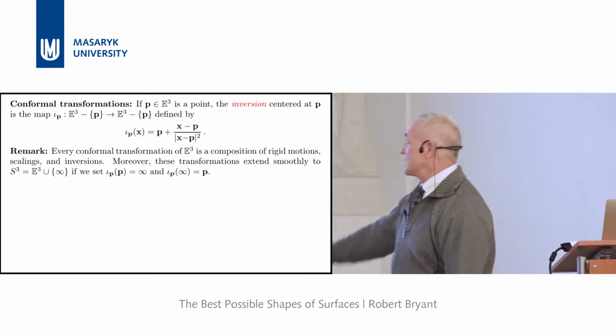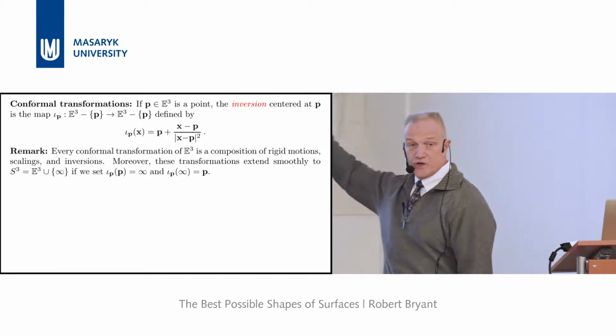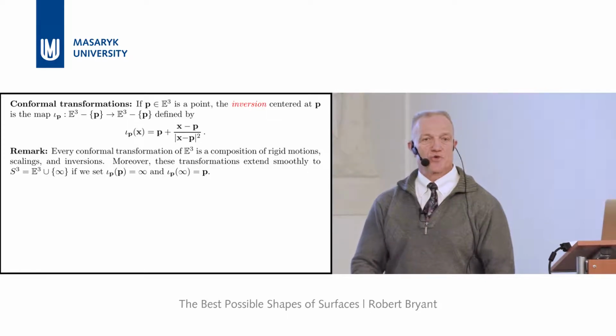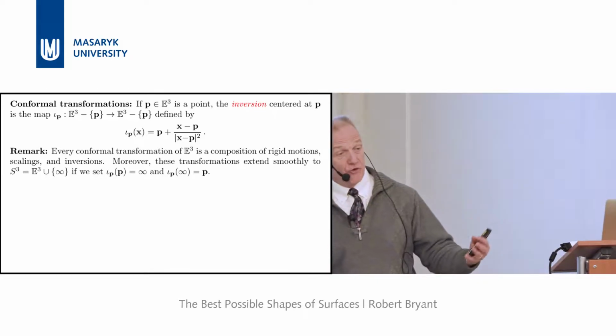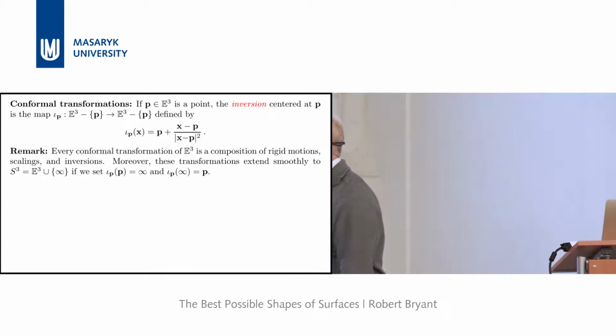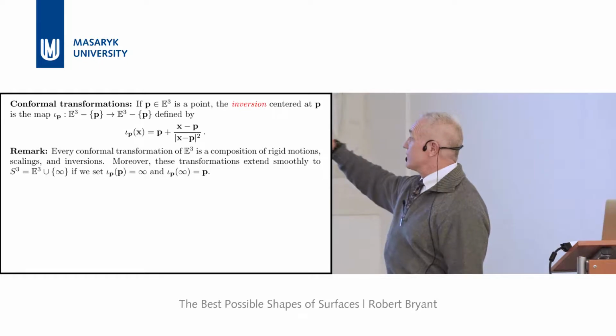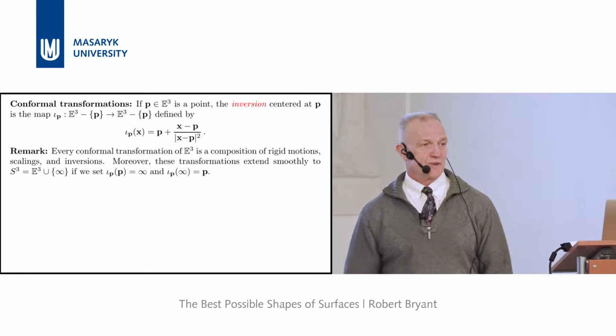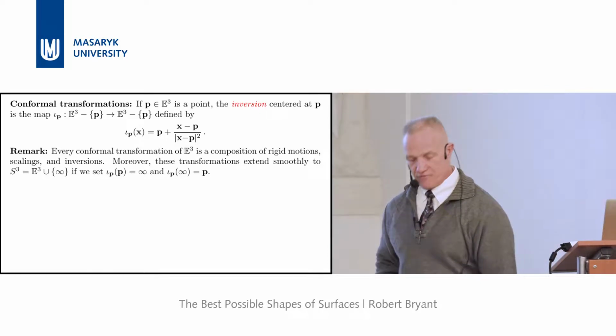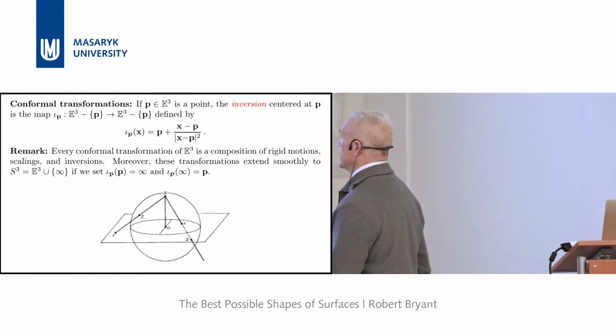So this collection of transformations, sort of the three-dimensional analog of linear fractional transformations, is called the conformal group, and it turns out that there's a 10-parameter family of conformal transformations. So it's a lot bigger than you might guess at first glance.